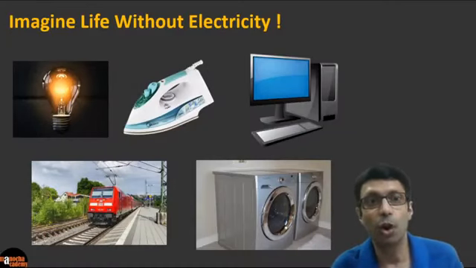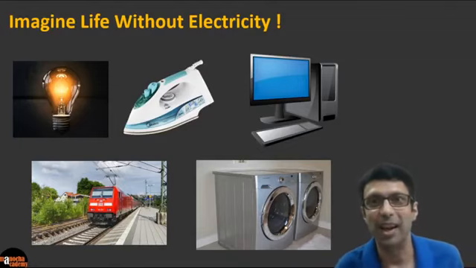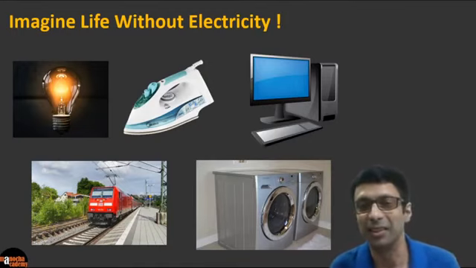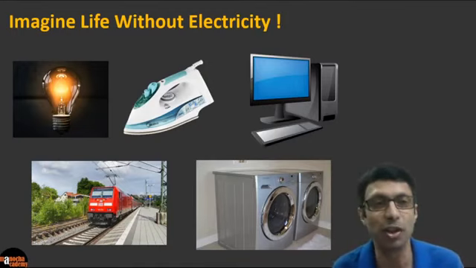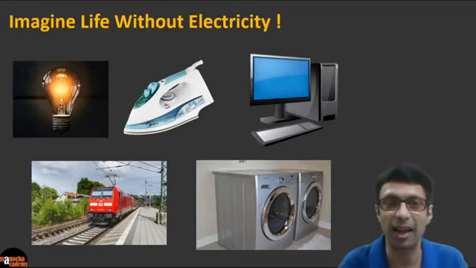Can you imagine what life would be without electricity? We know that we are dependent on electricity all the time, right? Because all our bulbs, the iron, the computer, the trains, the washing machine, everything runs on electricity. So imagine our life without electricity. And actually we experienced that in Calcutta, right?